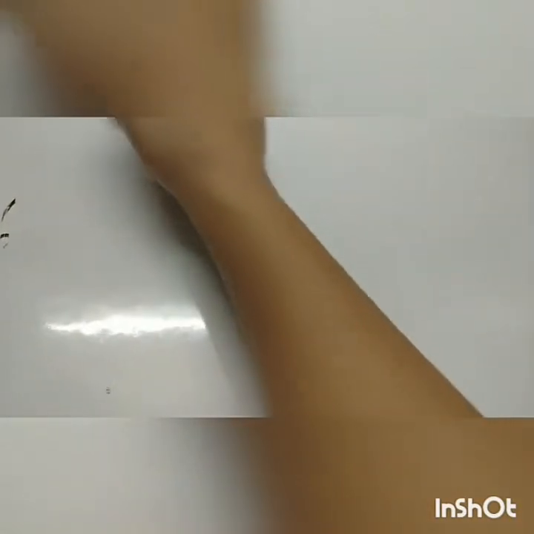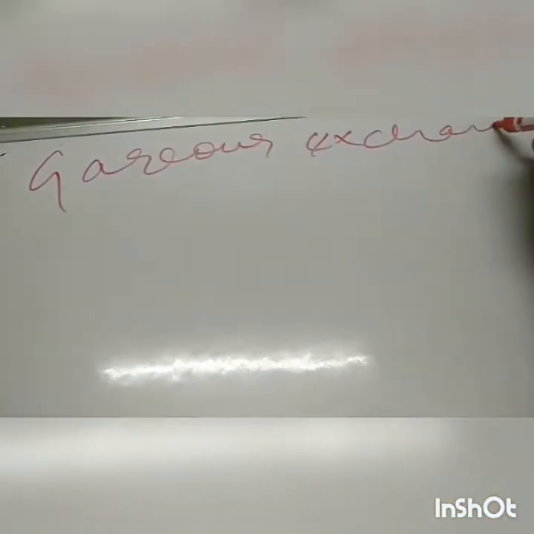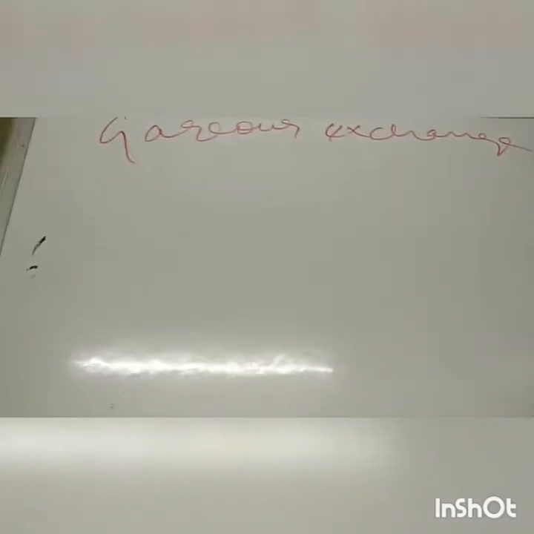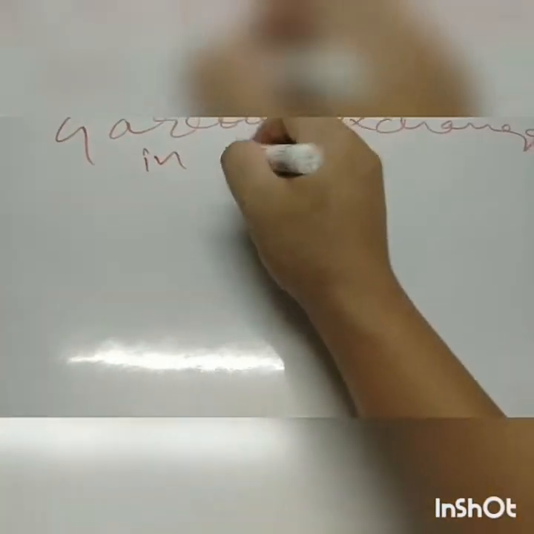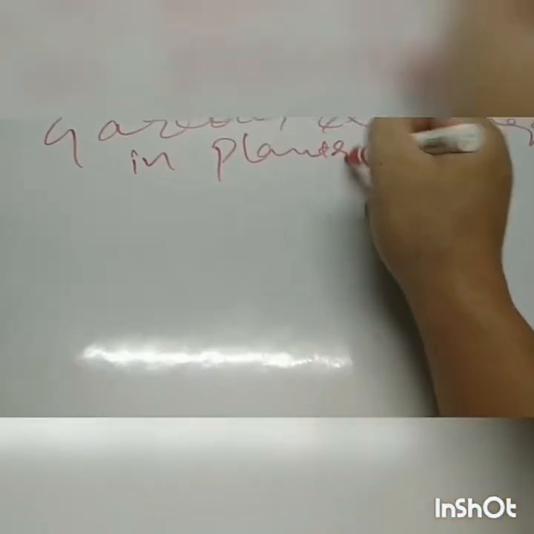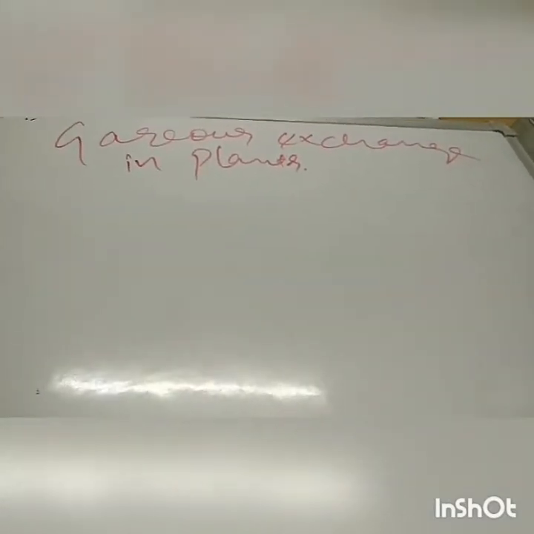Now we will see gaseous exchange in plants. Imagine how carbon dioxide is absorbed by the plant, and how oxygen is emitted by the plant.